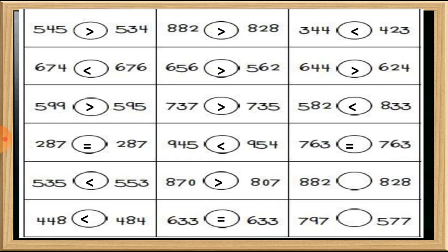So we have to put the equal to sign because these two numbers are same. Here is the next example, 882 and 828. So here 82 number is bigger, so alligator will eat the left number. Here is the last example, 797 and 577. So this left side number, which is 797, is a bigger. So we have to put this sign.